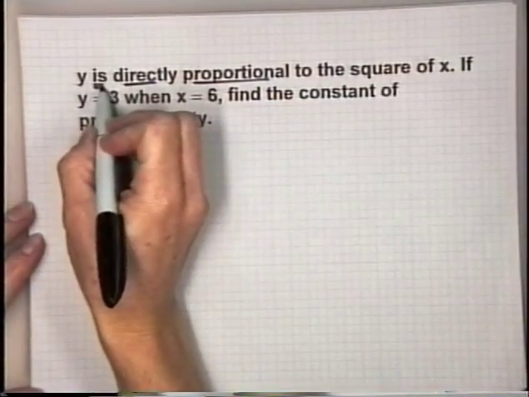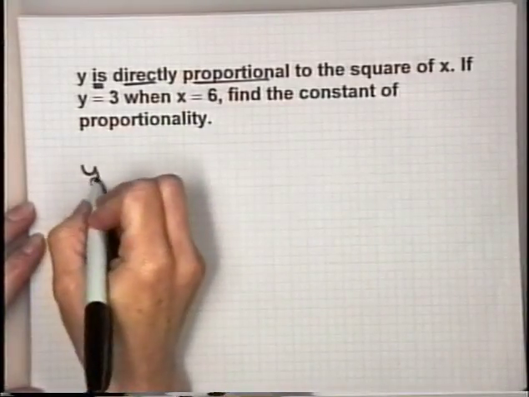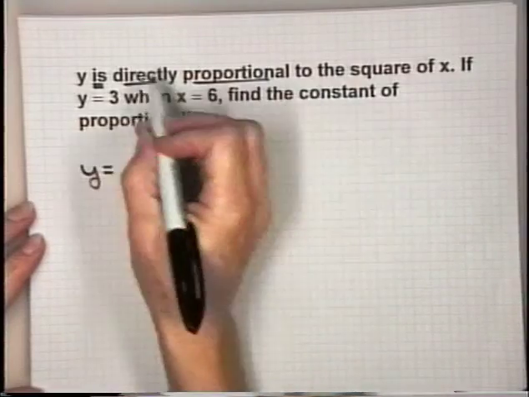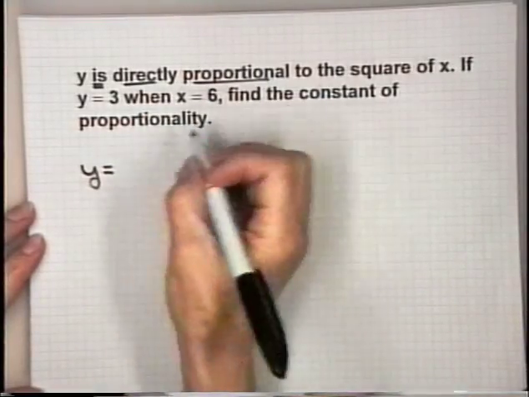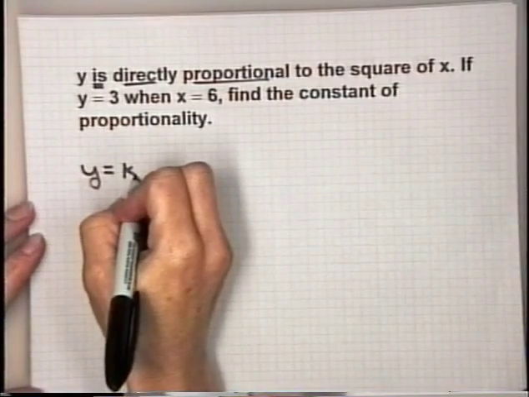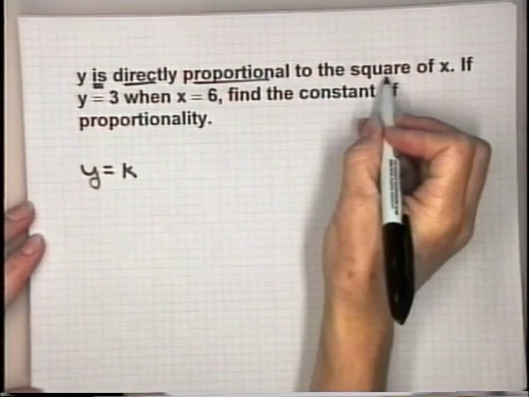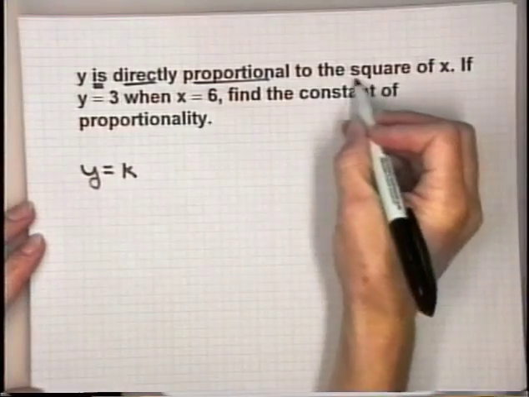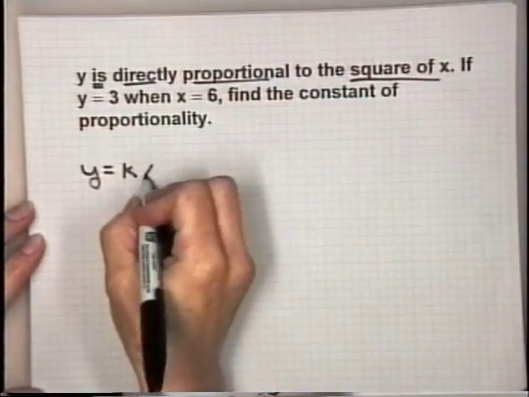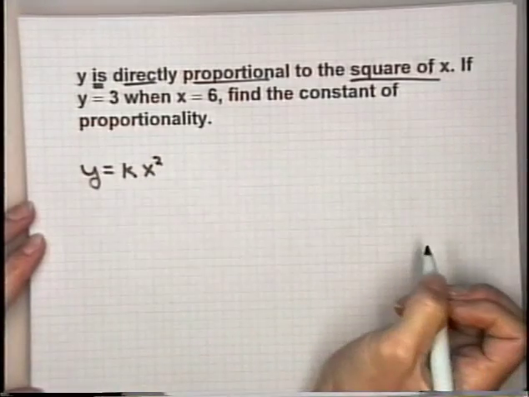Y, of course, is always equal. So y equals, if we have directly proportional to or varies directly as, we need a constant of variation k times what we are proportional to. We are proportional to the square of x. The square of x means x squared.